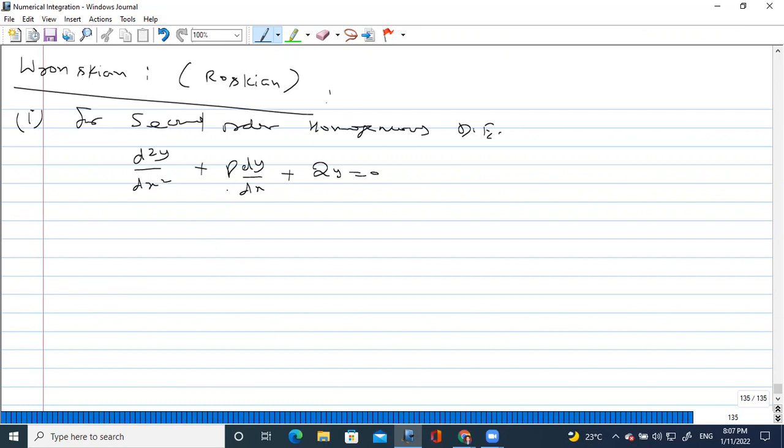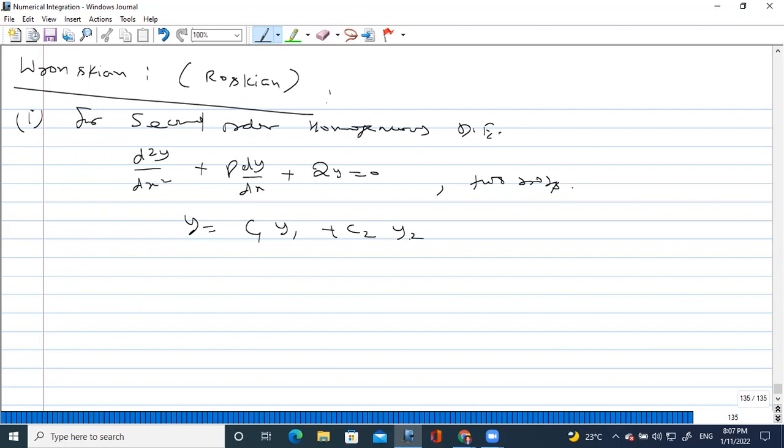Okay, so actually we get two roots. In two roots, the answer will be c1 into some form of answer, that I can say y1, plus c2 into some form of answer, that I can say y2.